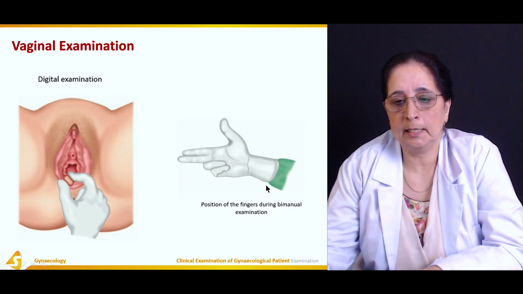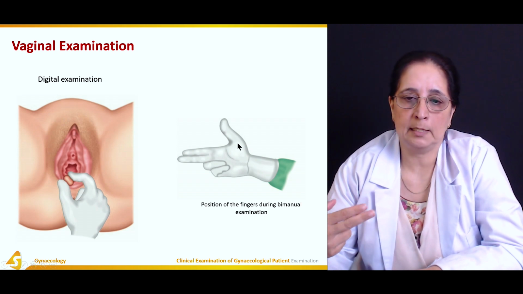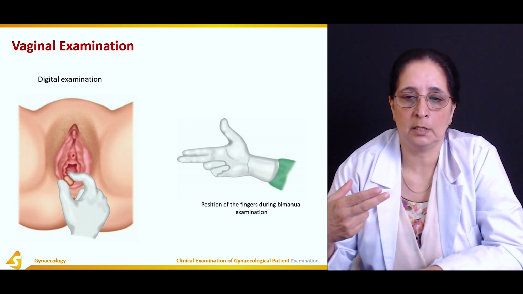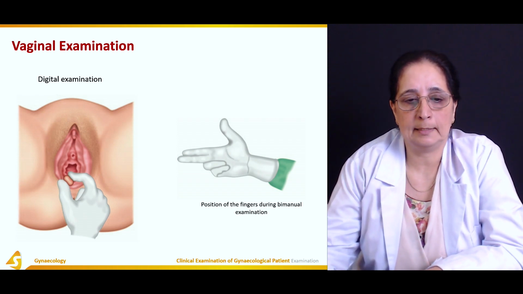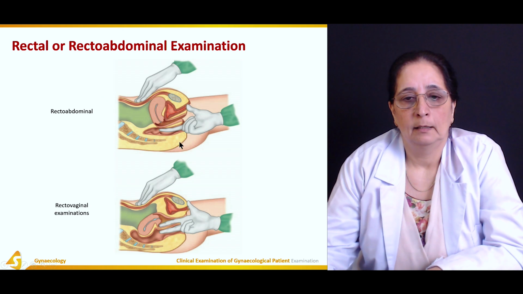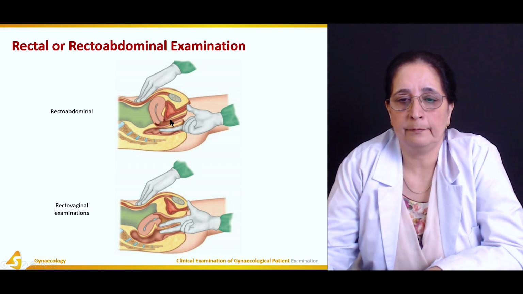This is the digital examination, the positioning of the fingers for bimanual examination. Here you use this bimanual position for the digital pelvic exam. Here, if you see, this is recto-abdominal. One hand is on the abdomen, the other, one finger, is in the rectum.